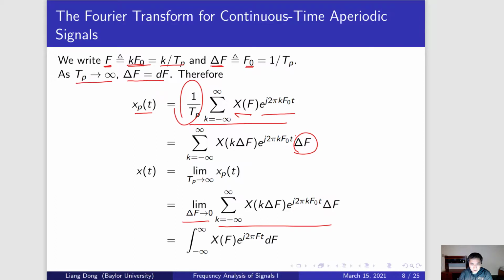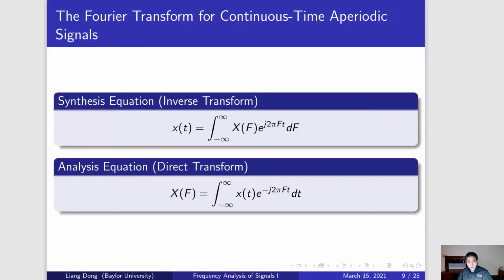Therefore, this term becomes X(f), because I am using a continuous variable f to represent k f0, or k delta f, and I'm also using df to replace delta f. So eventually, this is what we have for the synthesis equation.